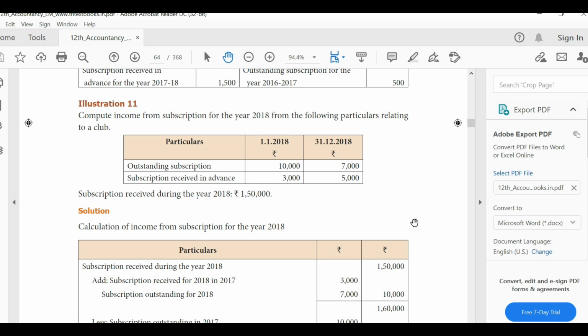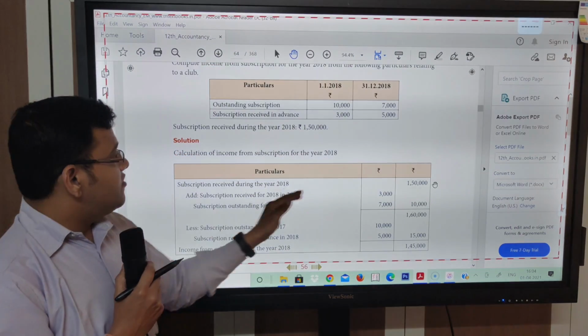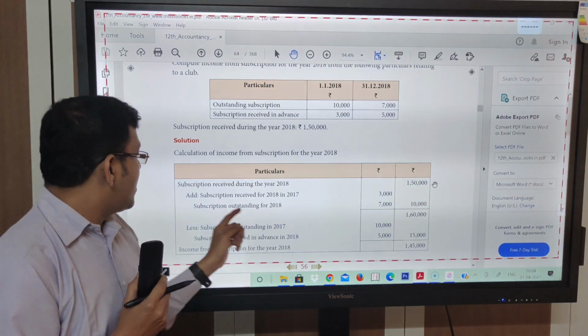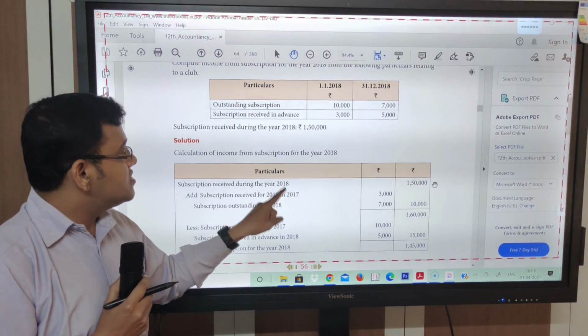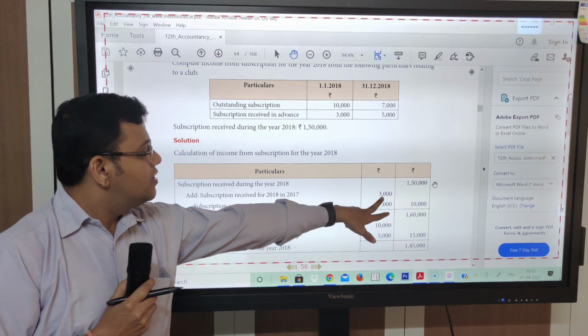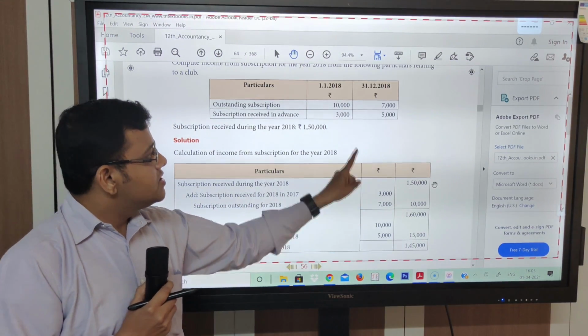And they have also said that the subscription received during the year was how much? 1,50,000. So when we prepare the format once again, you received 1,50,000 subscription, and to this we will add the subscription which is received for 2017, so 3,000, and the subscription which is outstanding, that will be 7,000.